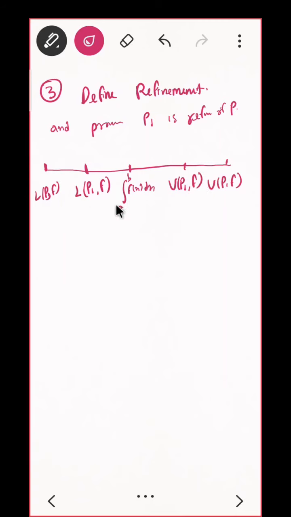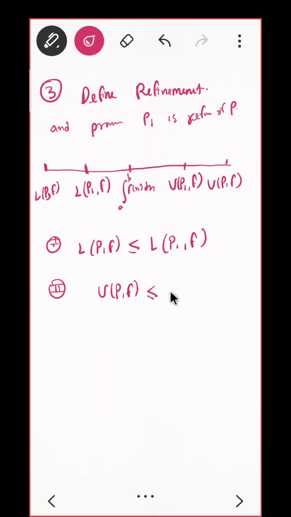Is this clear? If I write it, this is how we have to write it. How do we write it? LPF that is less than equal to LP1F. First part, prove this. Second part, that is the sub part. First part, and second part will be prove that UP1F that is less than equal to UPF.